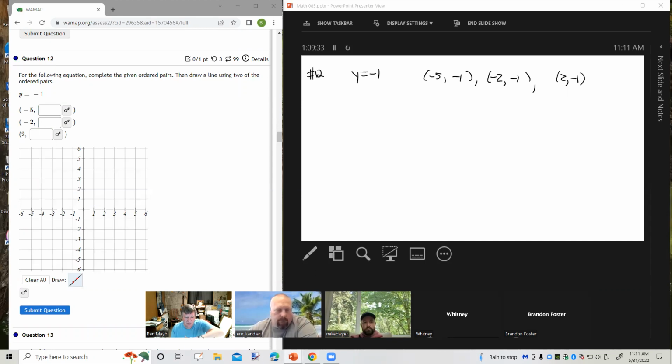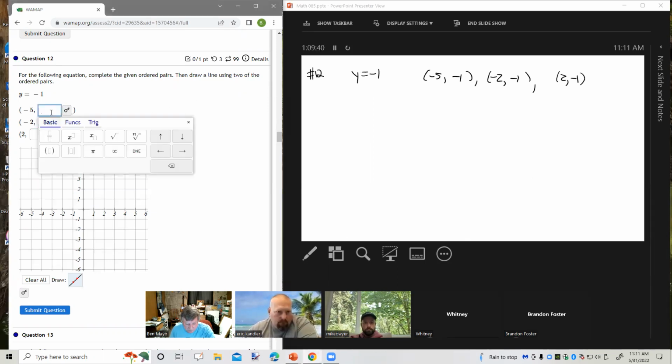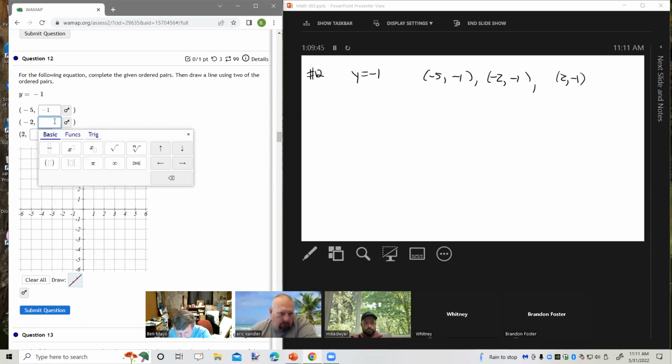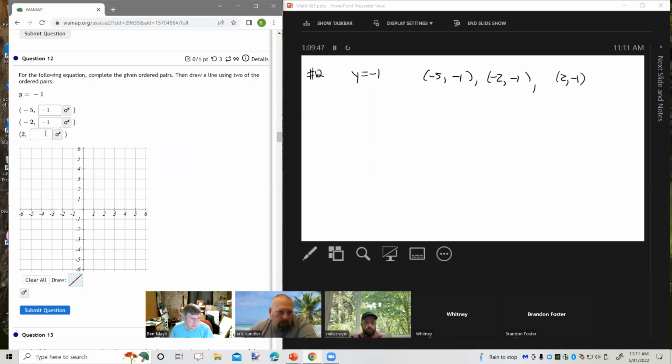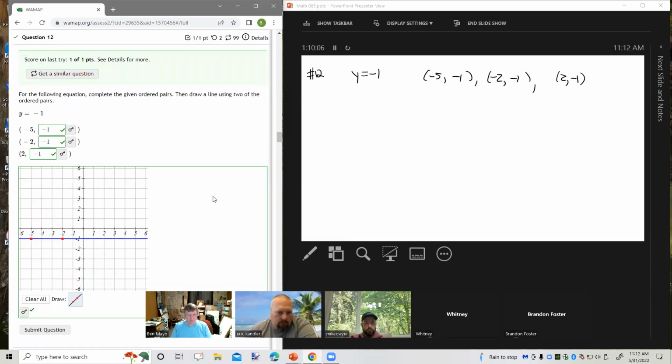Y equals -1 is going to be a horizontal line passing through y equals -1. So let's see, -5, -1, -2, -1, and then 2, -1 would be right there. So there's a horizontal line, y equals -1.